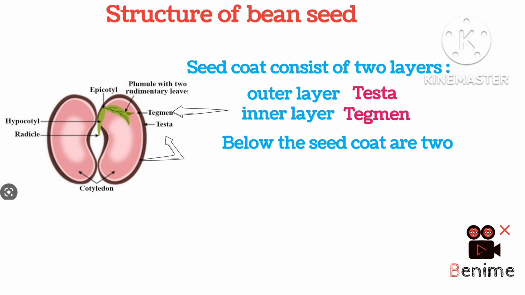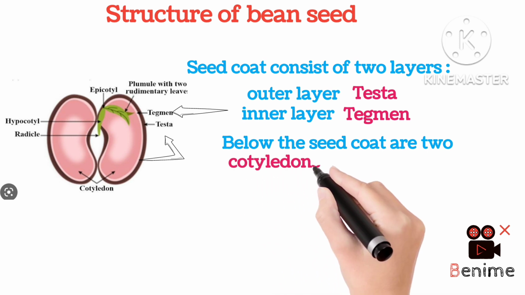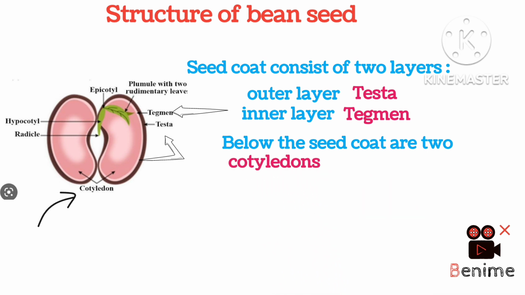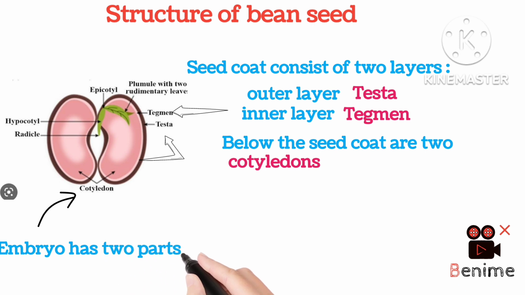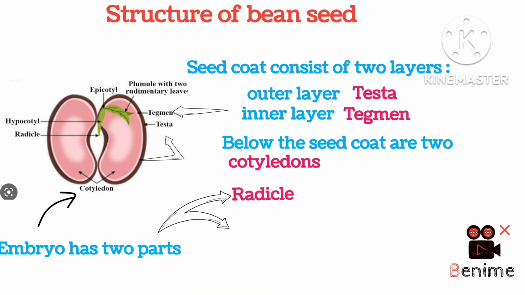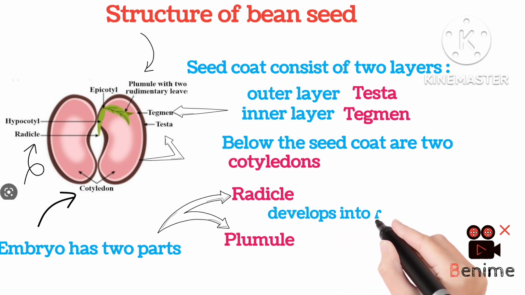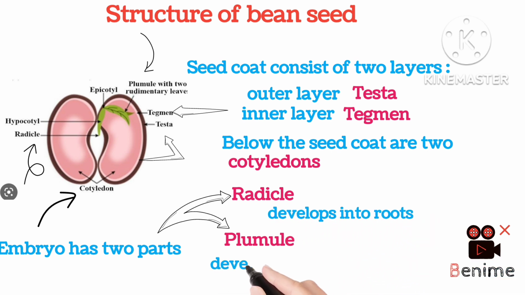Below the seed coat are two cotyledons. Embryo has two parts. First is radicle and plumule. Radicle develops into roots and plumule develops into shoot.